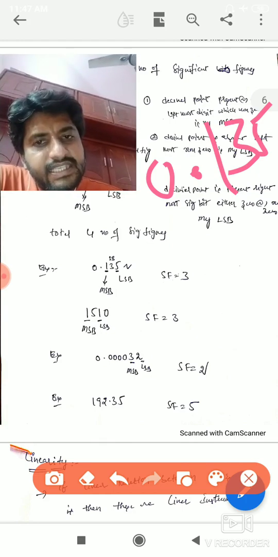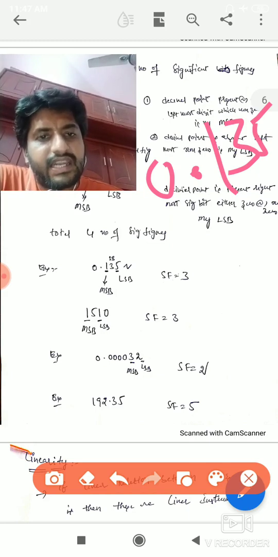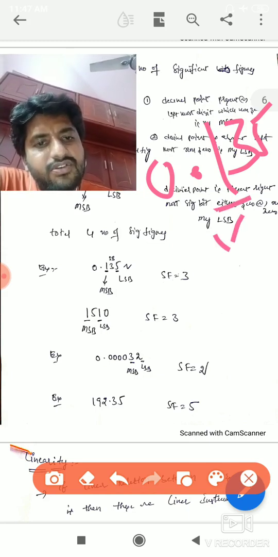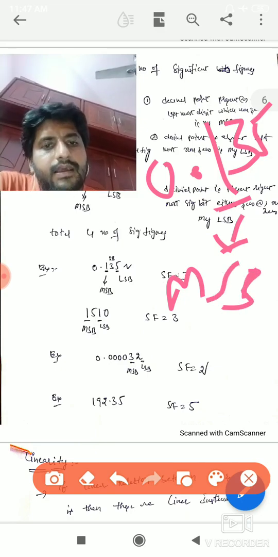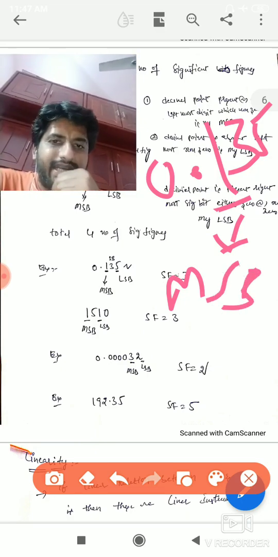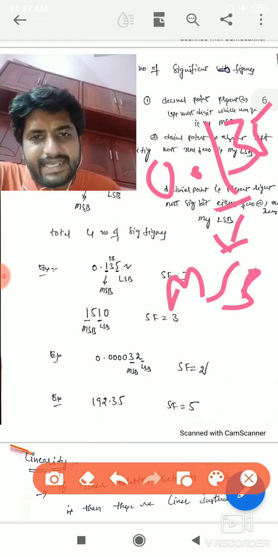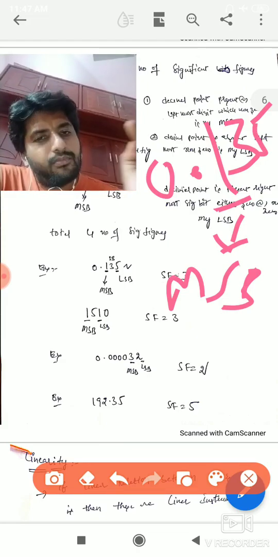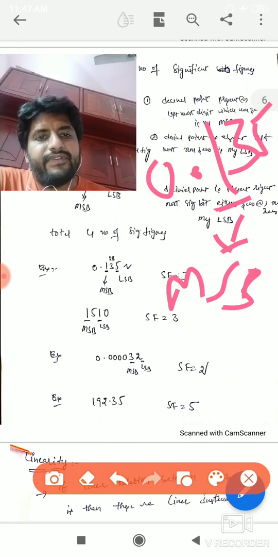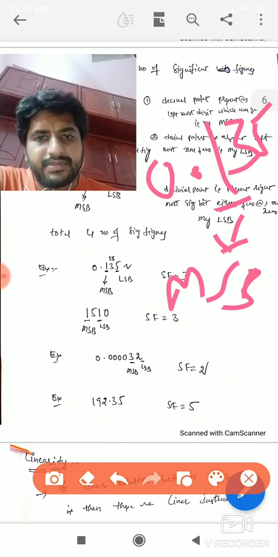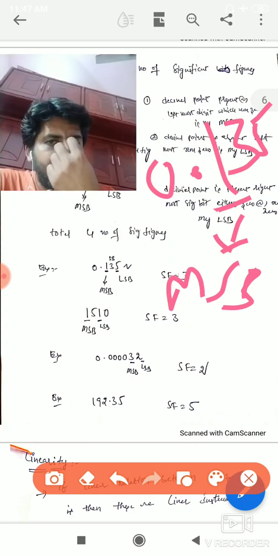The leftmost digit is 0, but it should not be 0. The next point, this is my non-zero digit, this is my most significant bit, right? And the second point, if the decimal point is absent, the rightmost digit which is non-zero is my least significant bit. Here the decimal point is not absent, so I don't go for that point.